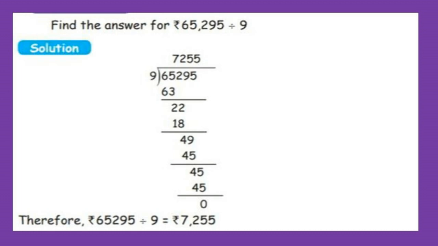If you subtract 45 from 49, you will get 4. Keep the 4 as it is and bring the last number 5 down. 45. So 9 fives are 45. The remainder is 0. You will get the quotient, that is 7,255 rupees.